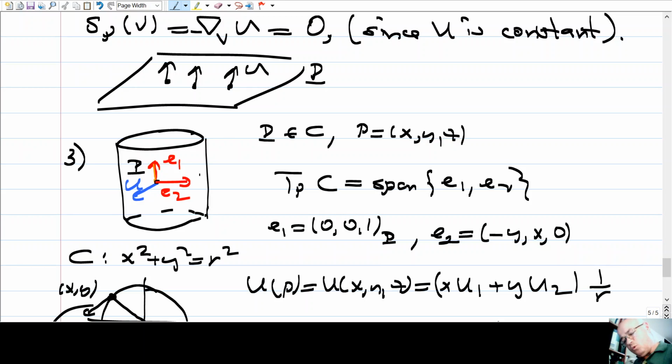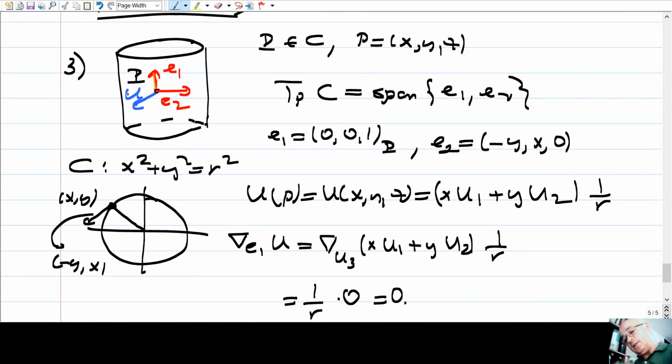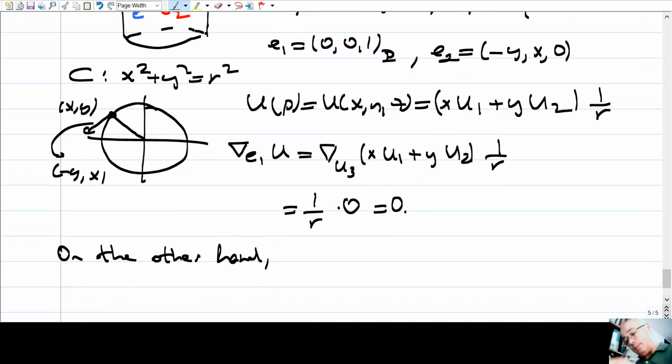This is like moving on a sphere. Just consider a sphere inside the cylinder, which is tangent to the cylinder. Suppose it touches the point P, then E2 will be just the tangent vector of the equator of that sphere. And we know that in that case, the derivative will be just as we computed above. Let's just do it again.